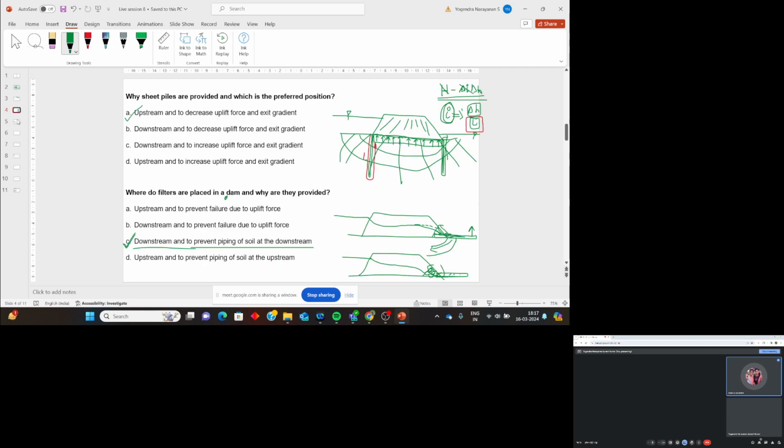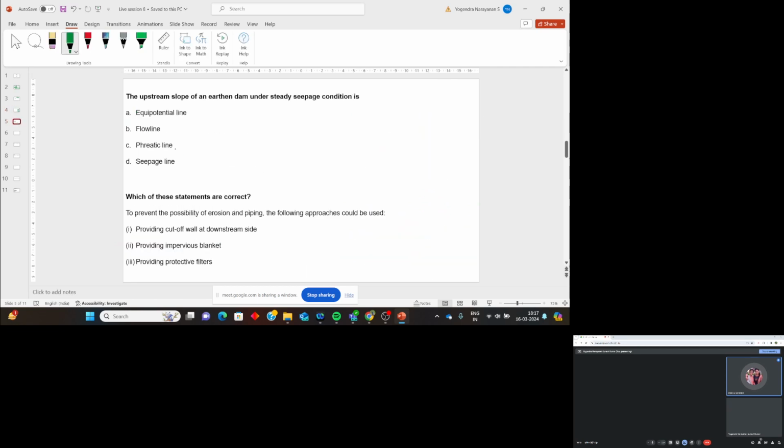Now let us move to the next question. Upstream slope of an earthen dam during steady seepage condition is. This is the earthen dam. Consider this as the water table.